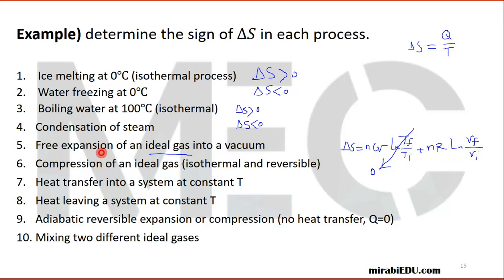Because we have expansion here, the volume expands, so this ratio is greater than 1, and ln of a number greater than 1 is positive. Therefore here delta S is positive. It is clear that in expansion we have more disorder, and vice versa, in compression we have more order.